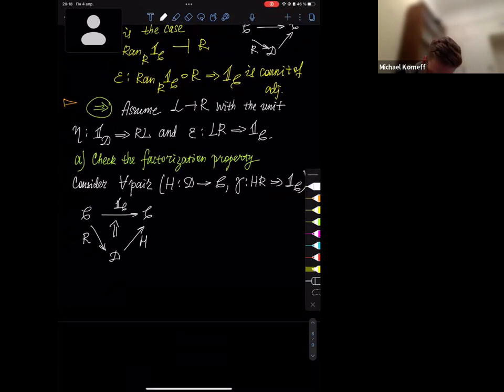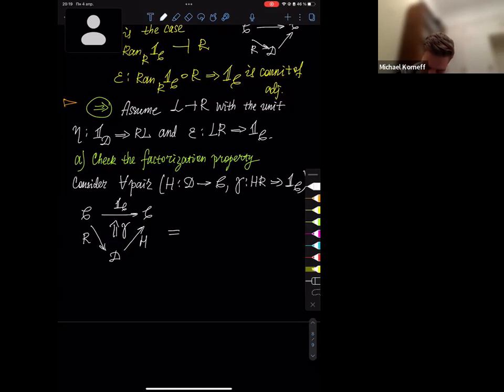We have the following diagram, with natural transformation gamma, and we want to prove that this natural transformation factors through the epsilon, where epsilon is a counit of the adjunction.